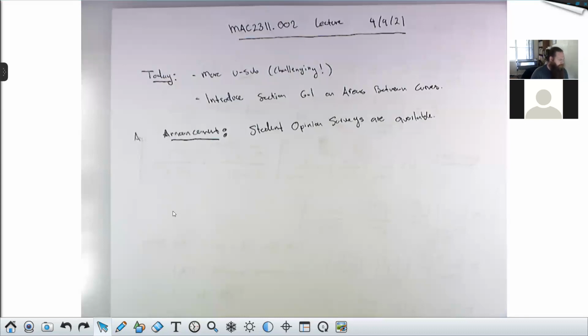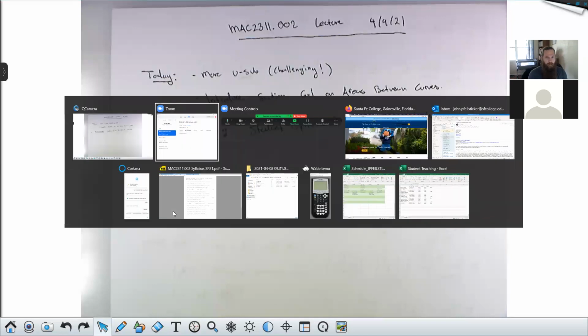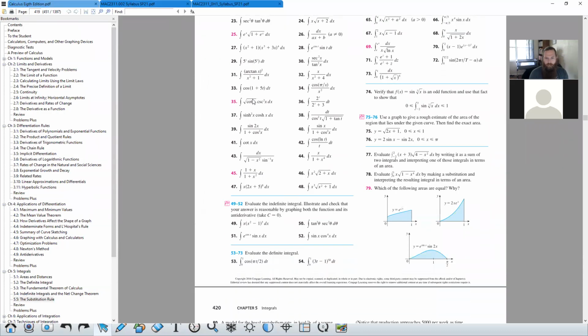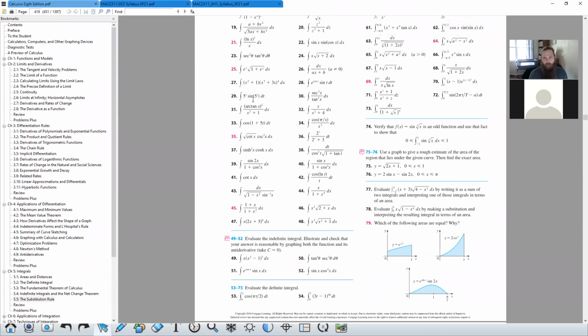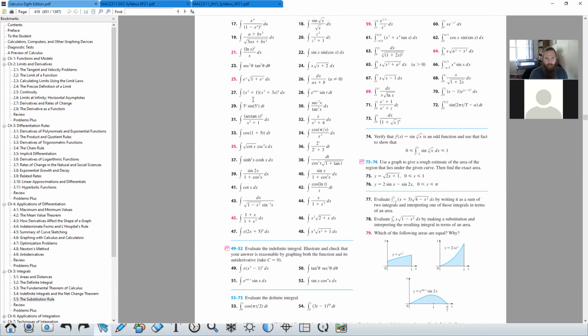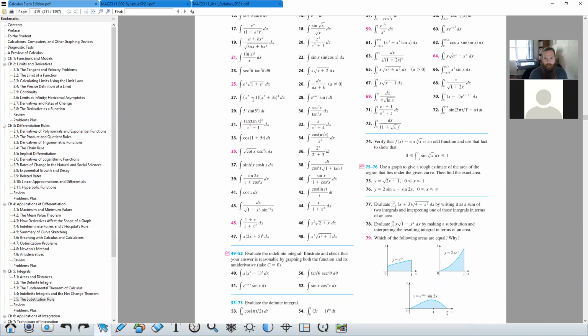All right. More U sub. I have a few particular problems in mind, but I think it would be best if we kind of built up to that. So let me poke around in section 5.5 and see if there's something in here that looks fun. Something a little bit challenging.